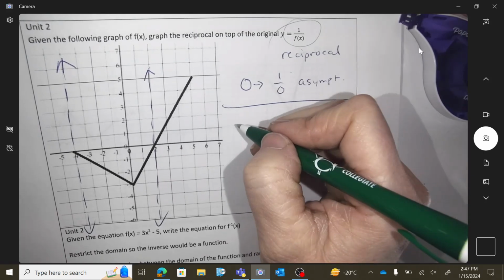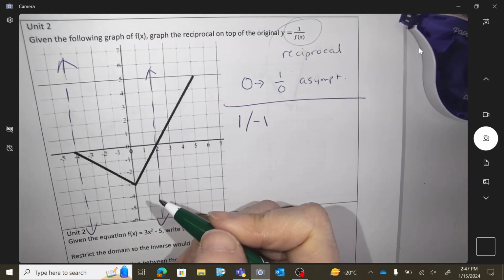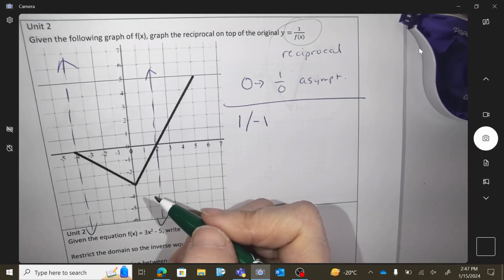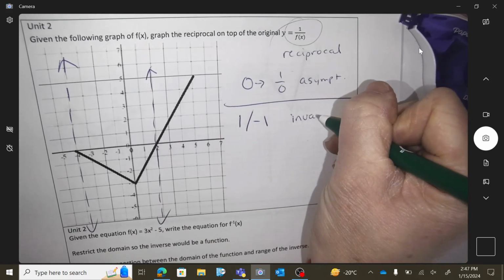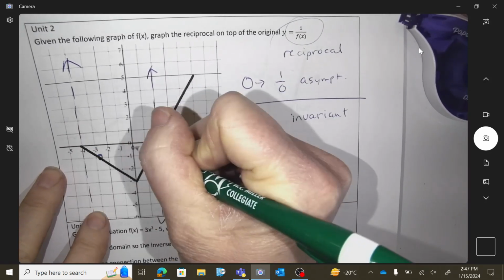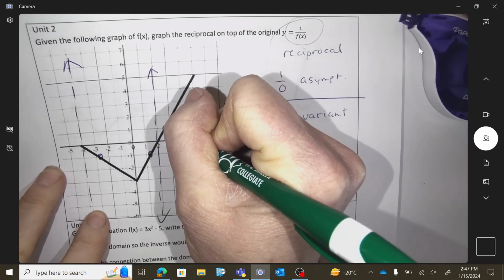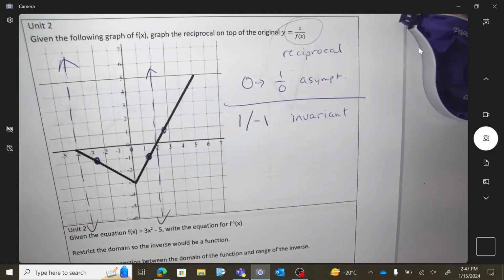Then I look for heights of 1 or negative 1. Because if you flip 1, what happens? Invariant. 1 and negative 1. So there's 3 invariant points.